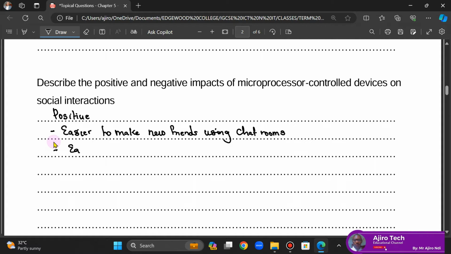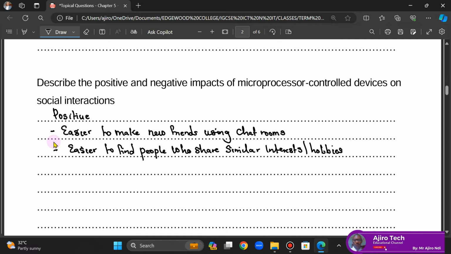Again, it's easier to find people who share similar interests or hobbies.